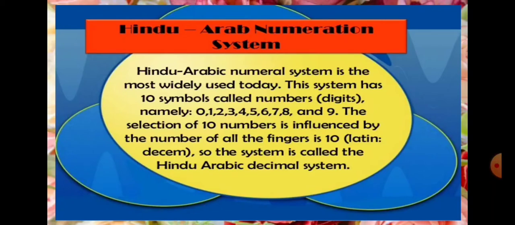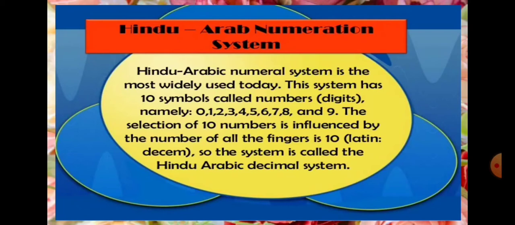Hindu-Arabic numeration system. The Hindu-Arabic numeral system is the most widely used today. This system has 10 symbols called numbers or digits, namely 0, 1, 2, 3, 4, 5, 6, 7, 8, and 9.